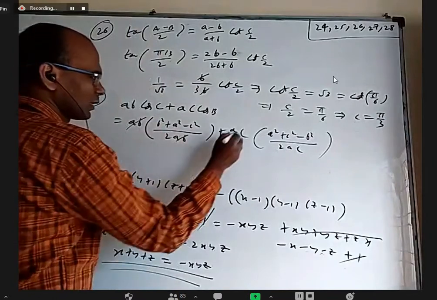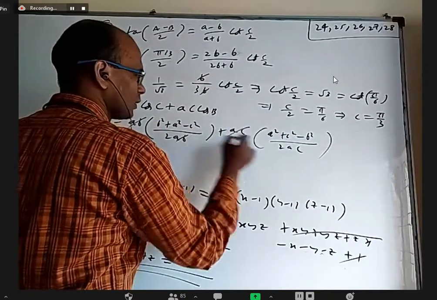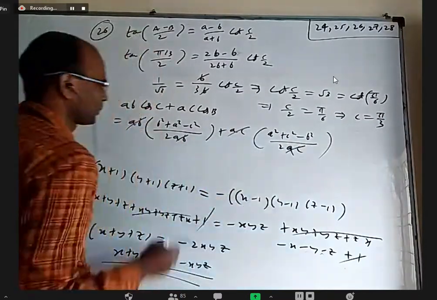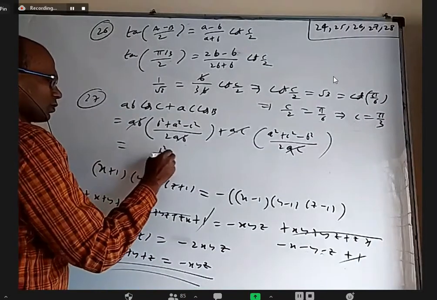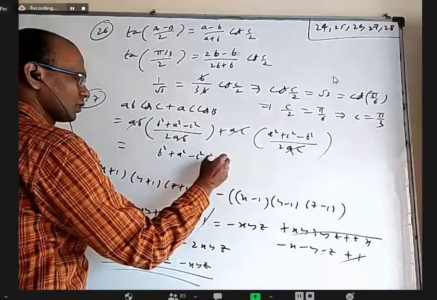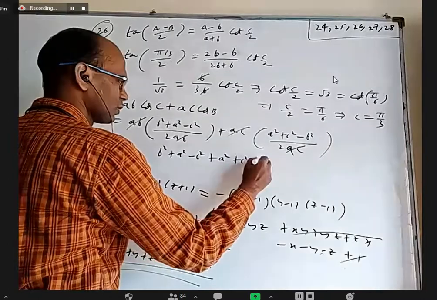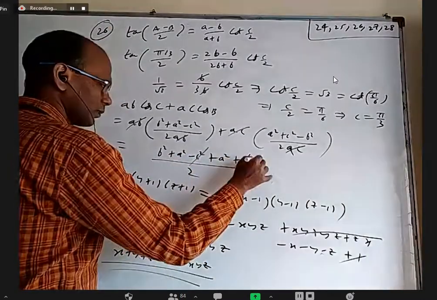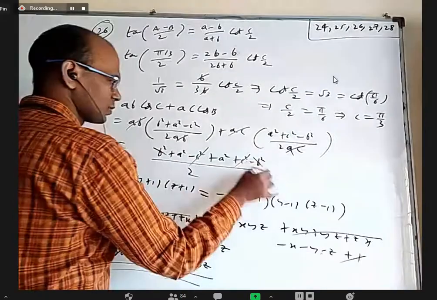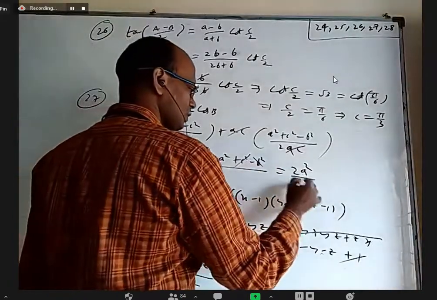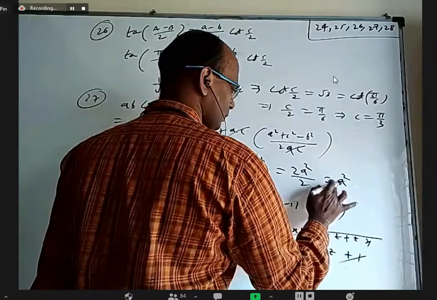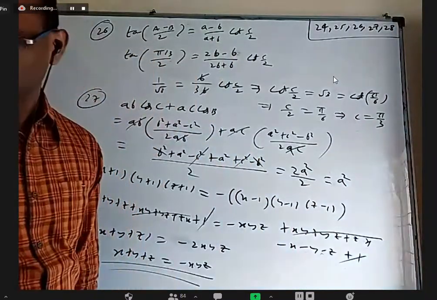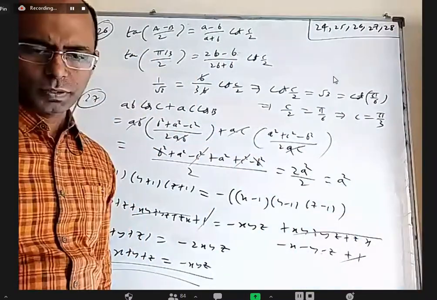AB and AB can cancel, AC and AC can cancel. We get (b square plus a square minus c square plus a square plus c square minus b square)/2. C square will cancel, b square will cancel. 2a square by 2, which is a square. When you compare with 2k a square, k is 1 by 2.